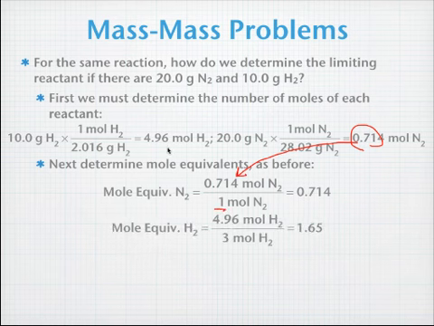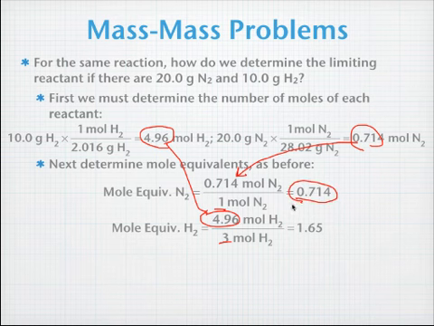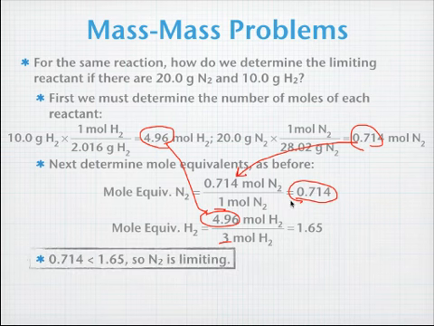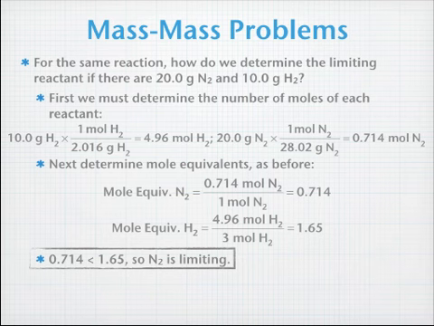For the hydrogen, we're going to take the 4.96 moles of hydrogen, divide by the 3 moles of hydrogen, and we get 1.65 mole equivalents of hydrogen. So you see, even though the hydrogen had a smaller mass, the mole equivalent of nitrogen is smaller, 0.714. And so nitrogen is the limiting reactant in this situation.